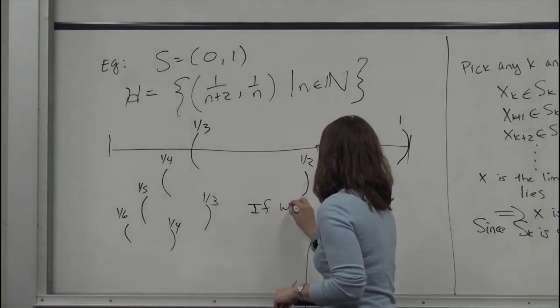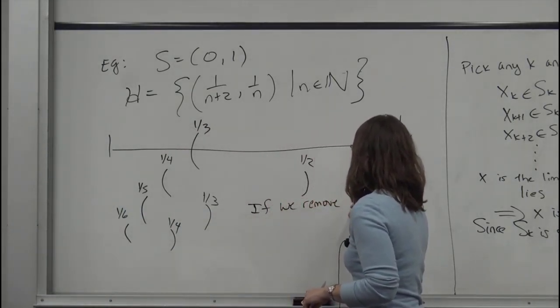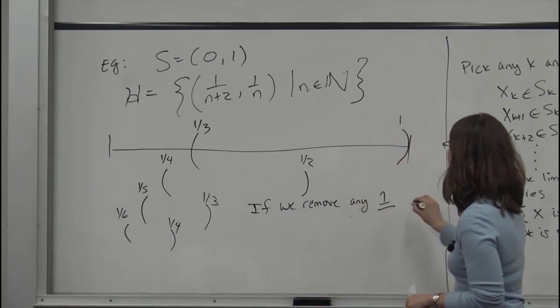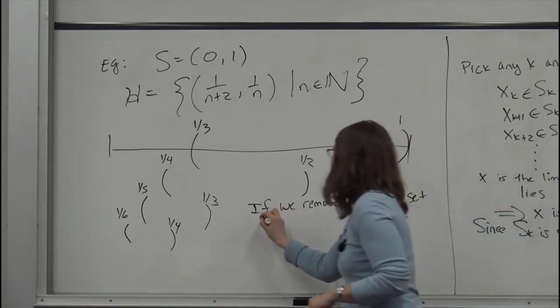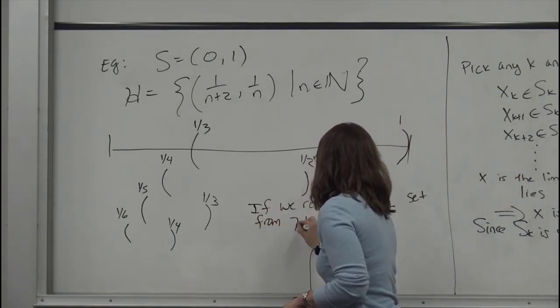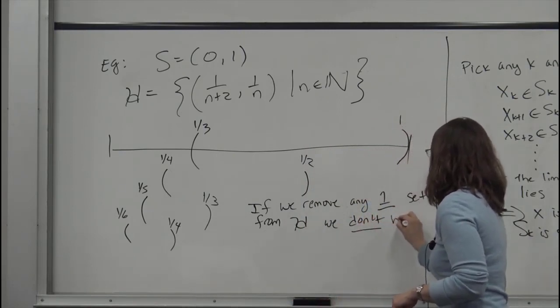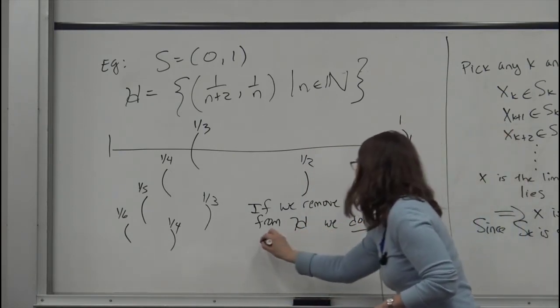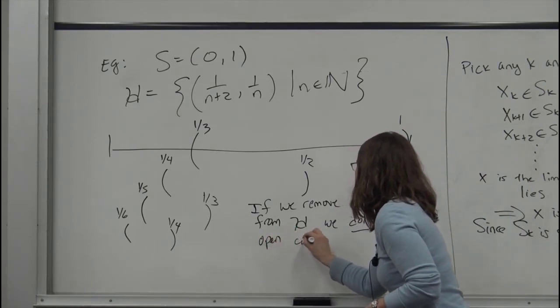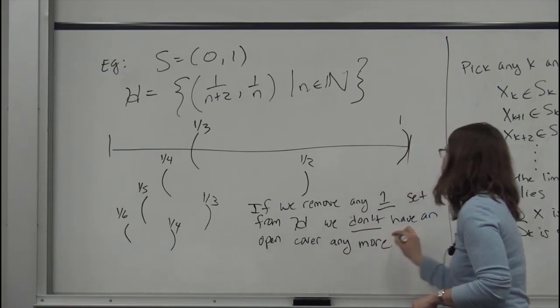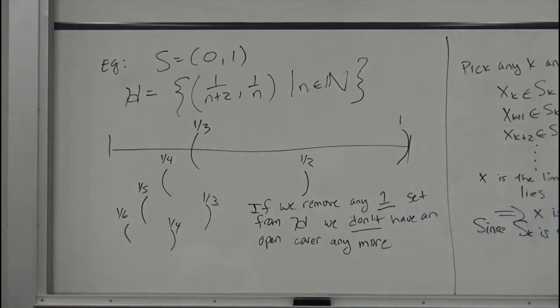So if we remove any one set from H, we don't have an open cover anymore. And this, it turns out, is really the essence of a set being not compact.